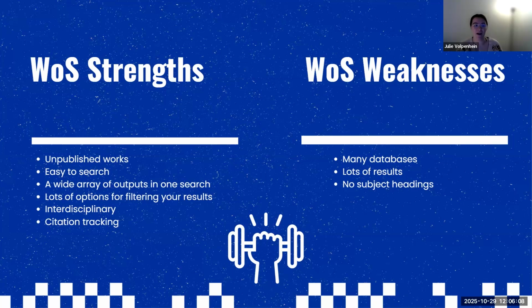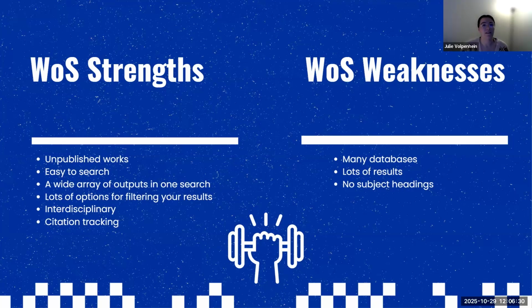That is a very interdisciplinary topic. It has ties to the history of colonialism. It obviously relates to engineering, environmental health, public health. So searching for that topic in Web of Science is going to bring you a lot more information from different viewpoints than maybe searching just in PubMed.